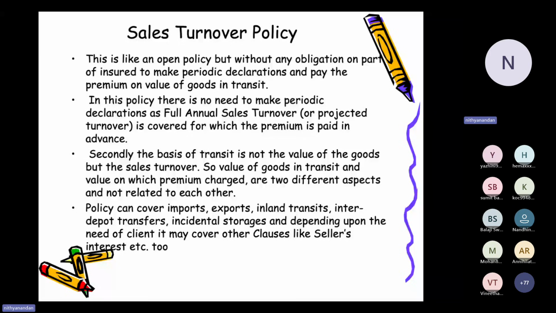Since everything is covered, we get a better premium, because sometimes the client may choose only finished goods to be covered or only raw material to be covered. Here everything is covered and we are getting an average premium. So we are getting a good premium and our work is reduced. The insured is also happy that his work is reduced because he is getting automatic cover for all his transits.